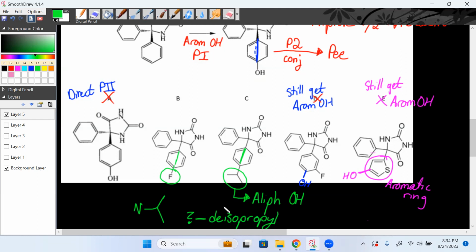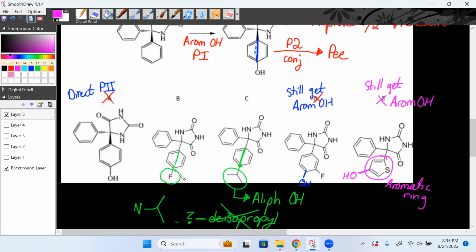So in order to do deisopropylation, you need to have N-deisopropyl or O-deisopropyl, but we can see that it's not connected to anything. There's only carbons there. Does that make sense for people? Why it's not deisopropyl? So it's not that guy. Exactly. So it would be B.